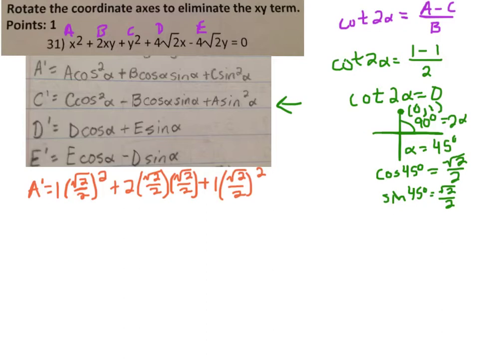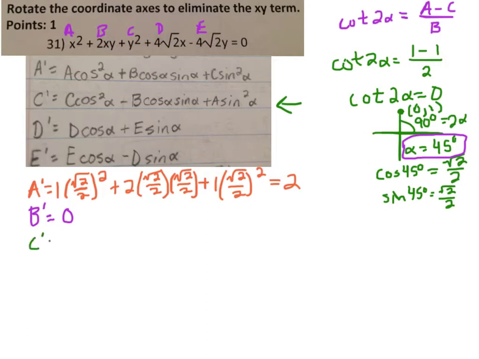If we work that out, the first thing ends up being 2 over 4, then 4 over 4, and then 2 over 4, and then we add those together and we get 2. B prime is 0, because that was the reason that we picked that alpha was 45.